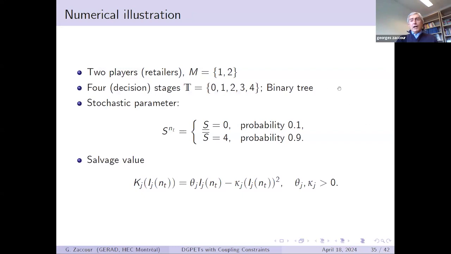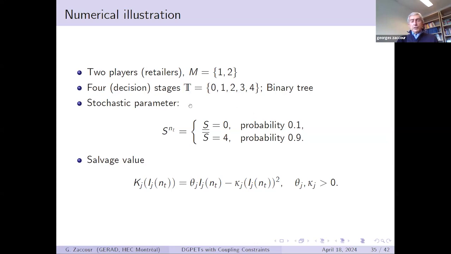Okay. Now, to illustrate all this, let me give myself the simplest possible setup. So we have two retailers, and we have four decision stages. So this set is from 0 to 4, but recall that at the last stage, we don't have decisions.